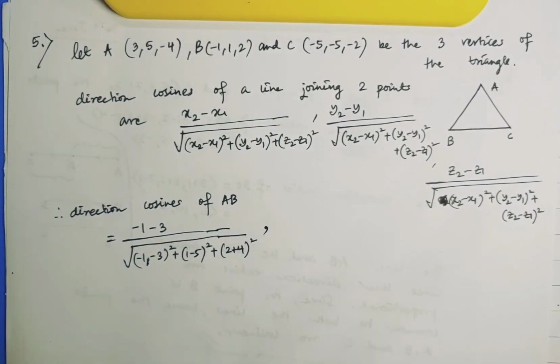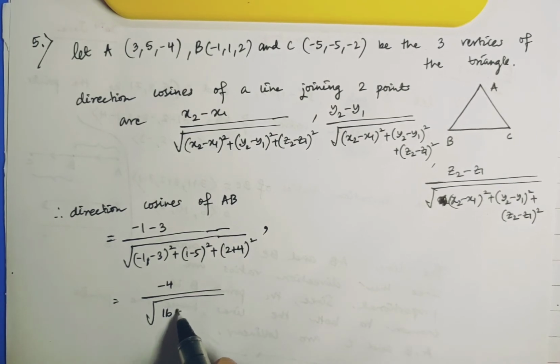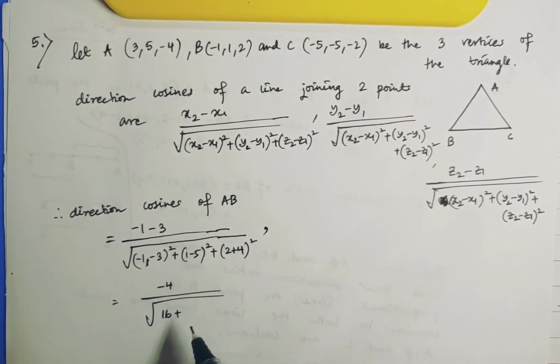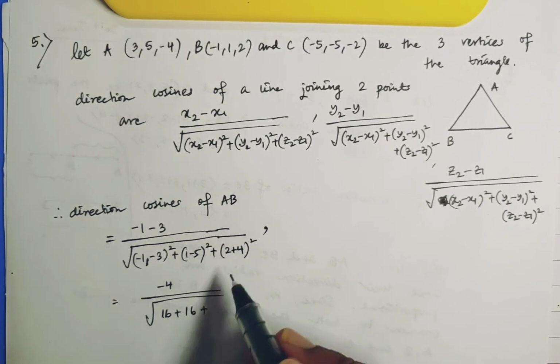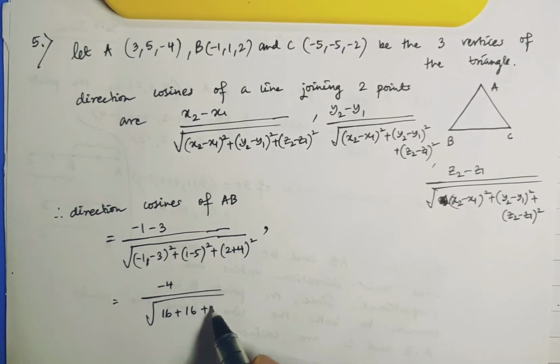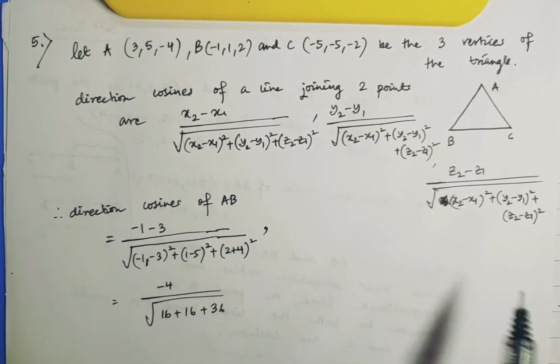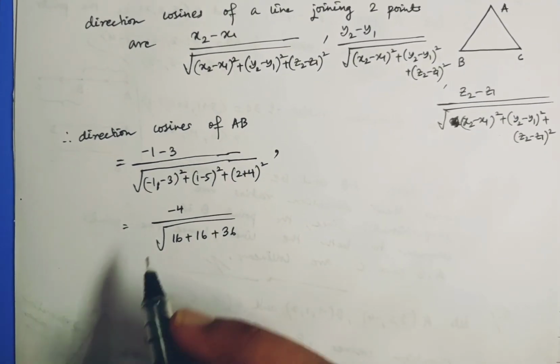Then the next part, let's directly solve this one. What do you get? Minus 4 divided by root over of 16 plus 1 minus 5, that is 4, 4 square is 16, plus 4 plus 2 is 6, 6 square is 36. The reason I want to solve this one is because I don't want to write this again and again. So what do I get?